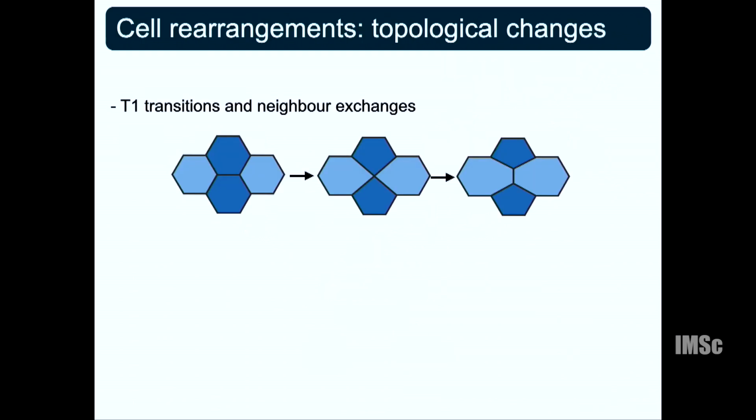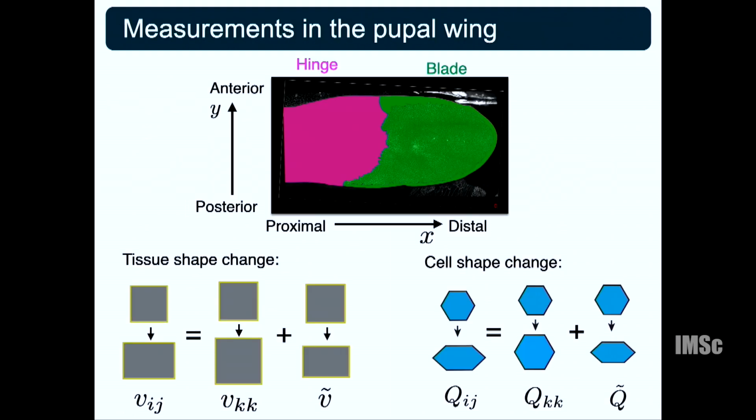No, the shape where you define V tilde and Q tilde. Okay, maybe this one. Yes. So tissue shape changes V tilde and cell shape changes Q tilde. Yes, as in when you're making the triangles out of those polygons. Yes, you are getting the full tensor, and then you can break it up into this.